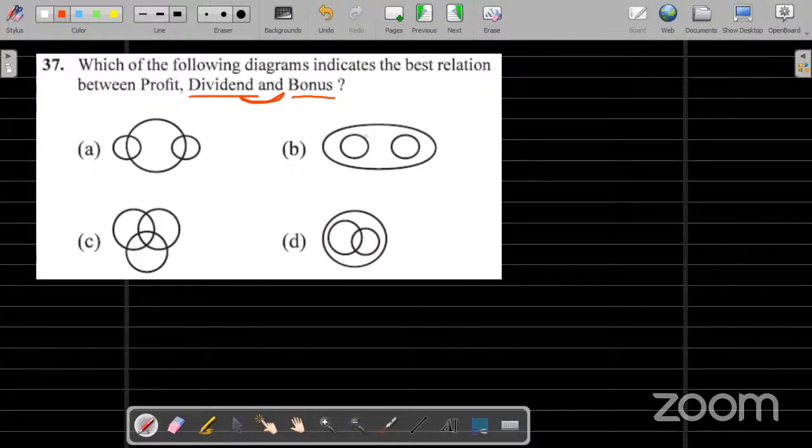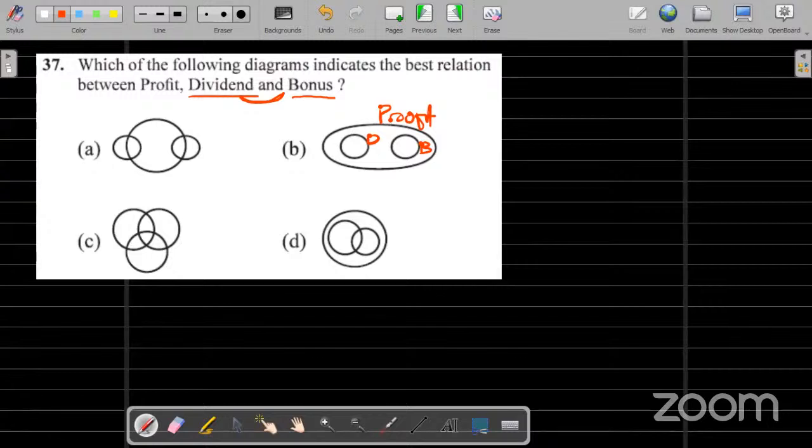So the answer could be option B. This is dividend, this is bonus, and this is profit. All dividends are profits, all bonus are profit. There is no connection between dividend and bonus.